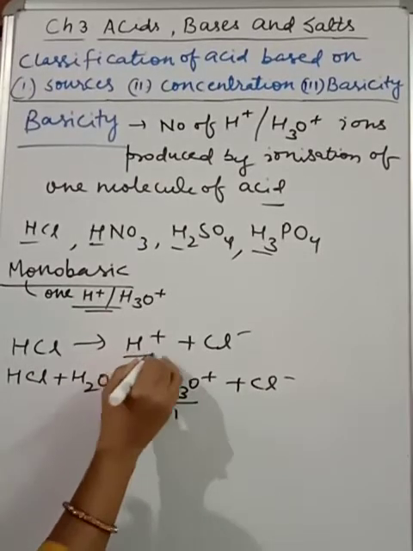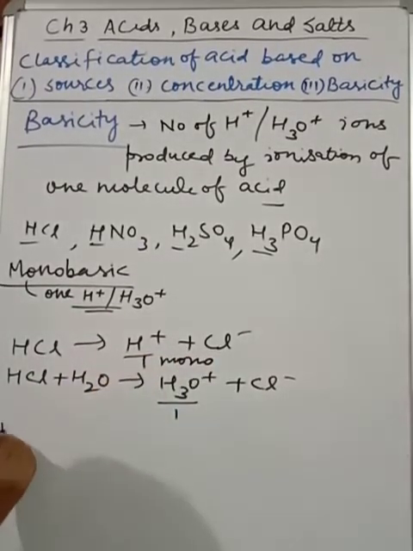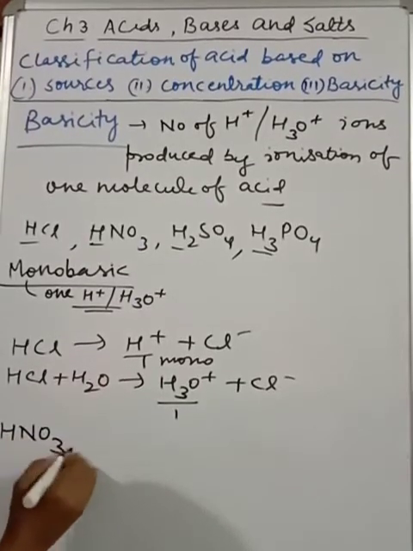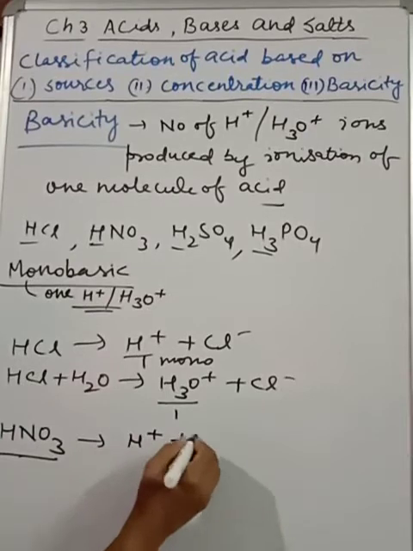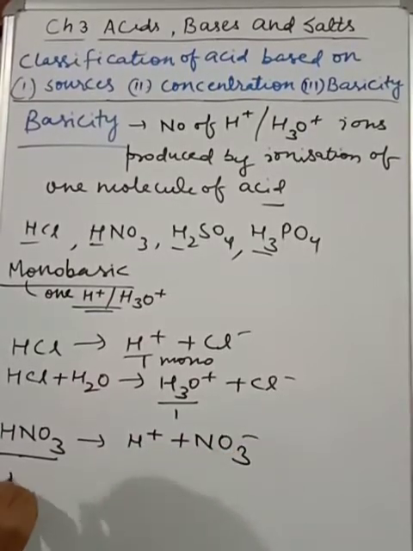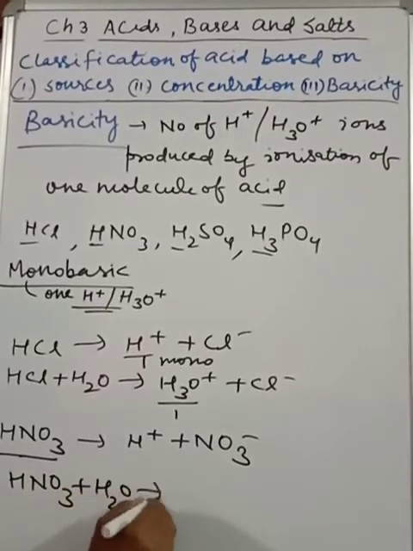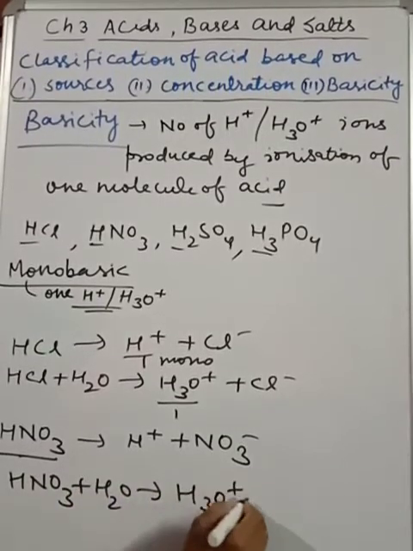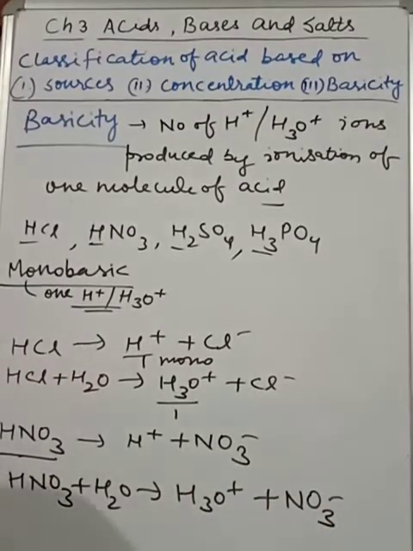So 1 means mono. At the same time, when you take HNO3, again you will get the same H+ and NO3-, or HNO3 plus water, we will get H3O+ and NO3-. Clear, children? So now I think monobasic must be clear to you. Now the second is our dibasic.